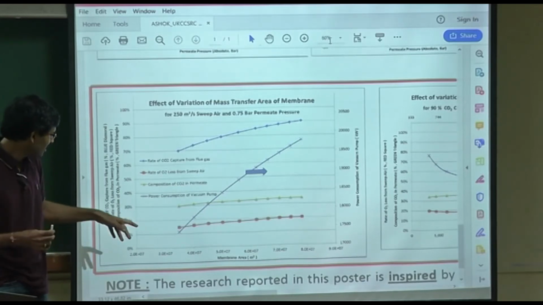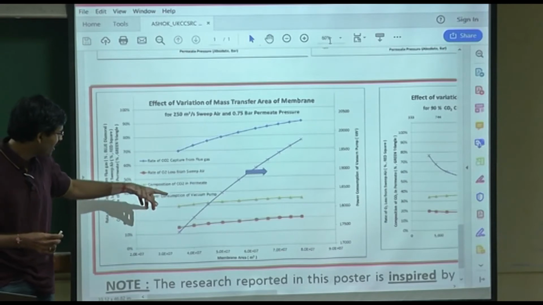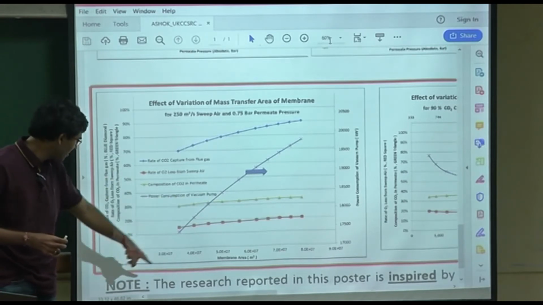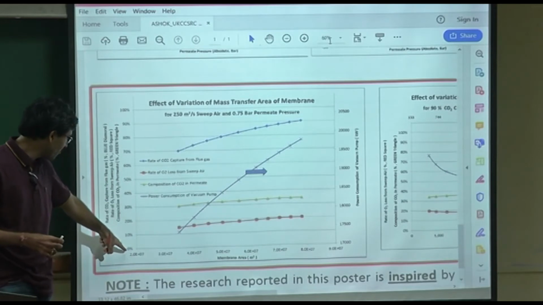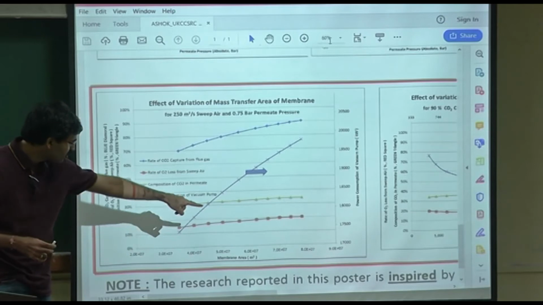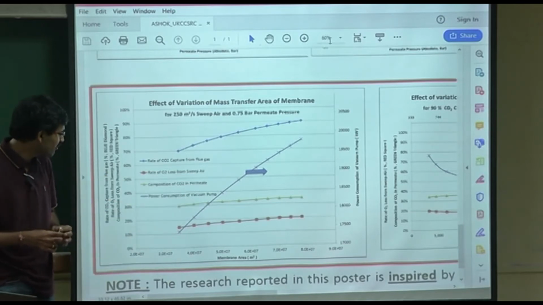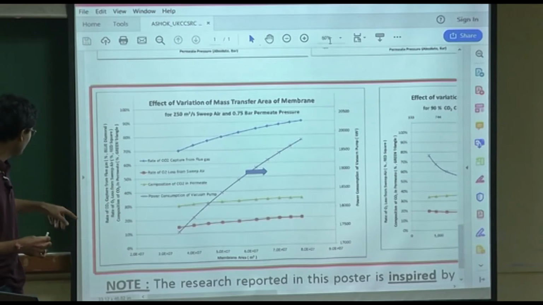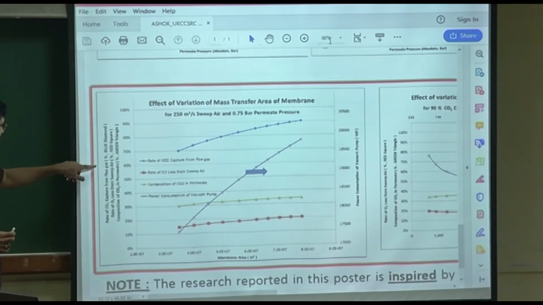So using that, I looked at a variety of different membrane areas, starting from 20 million square meters up to the last, which is 90 million square meters. For that kind of area, this is the rate of carbon dioxide capture from flue gas, and this is the rate of oxygen loss and the composition of carbon dioxide in the permeate.